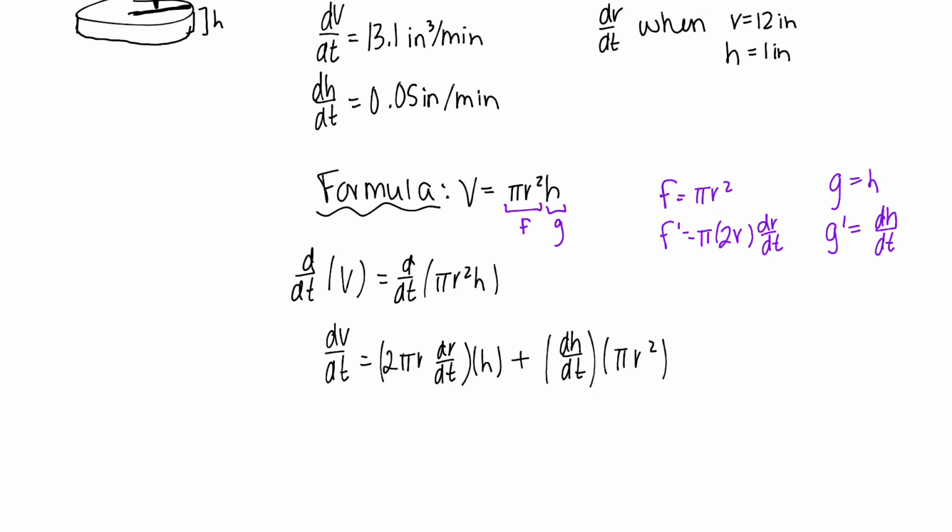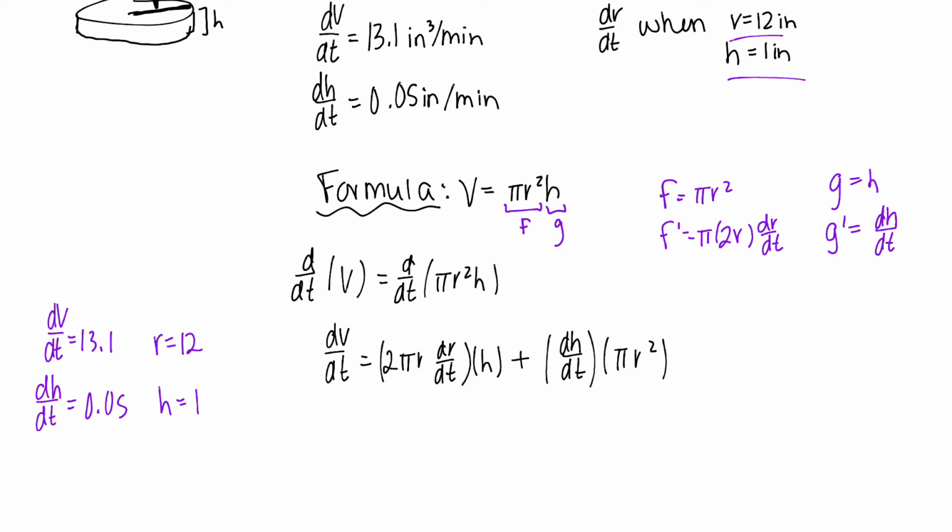The information that we have, we know that dV/dt is 13.1. We know that dh/dt is 0.05. We know that in our case, the radius is 12 inches and the height is 1 inch. And we can plug all those values in, and that will allow us to solve for dr/dt.